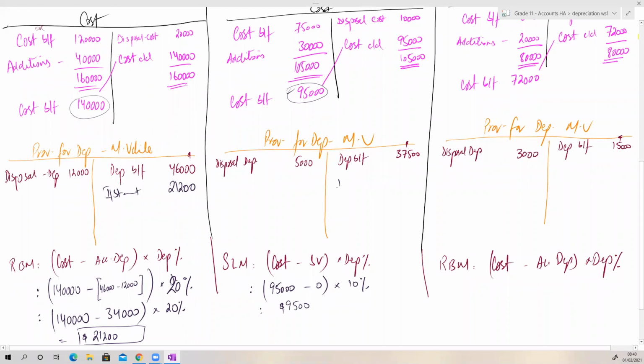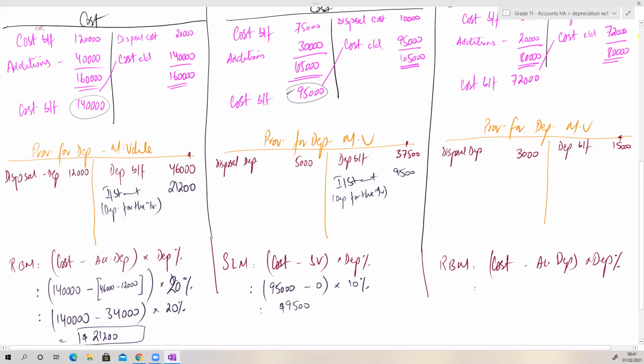The charge to income statement, this is depreciation for the year. This is also depreciation for the year.